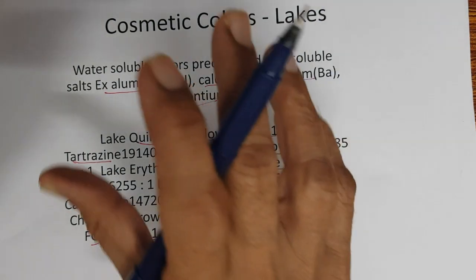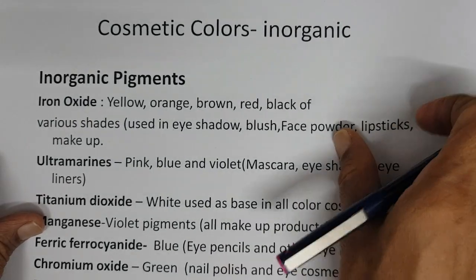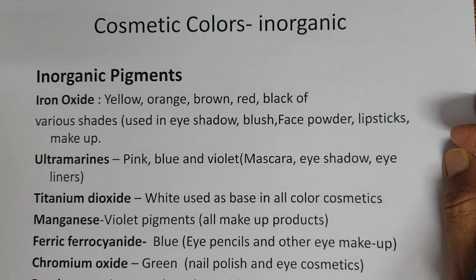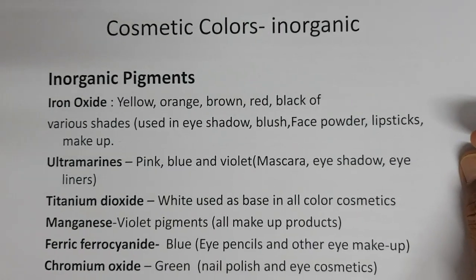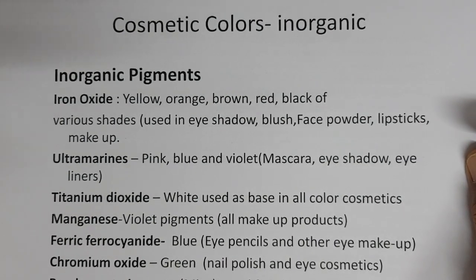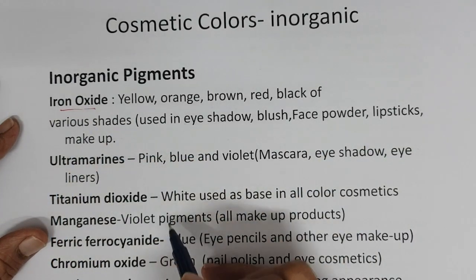Now we will go to inorganic pigments. Inorganic, it's only pigments. There are no straight colors which are soluble in oil or water. Everything is a pigment only. They are all not soluble, right? Iron oxide pigments, right?